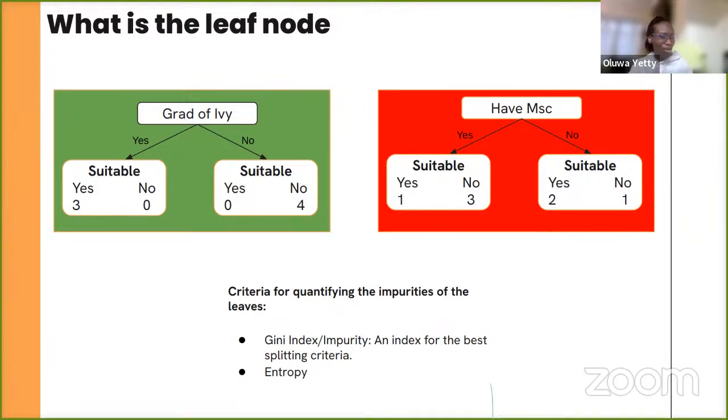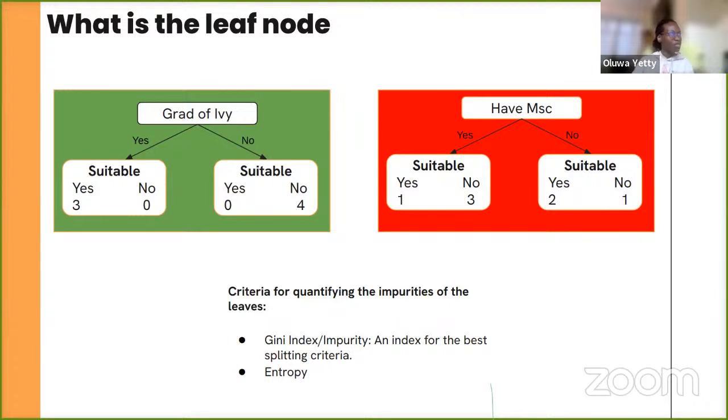As usual, we are going to do the math first before I even show you the formula, so that it's not confusing. We have the Gini index or Gini impurity, and we have the entropy. They both have their pros and cons, and we are going to see when we should pick one over another.